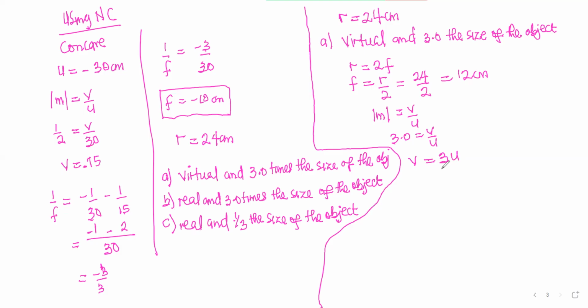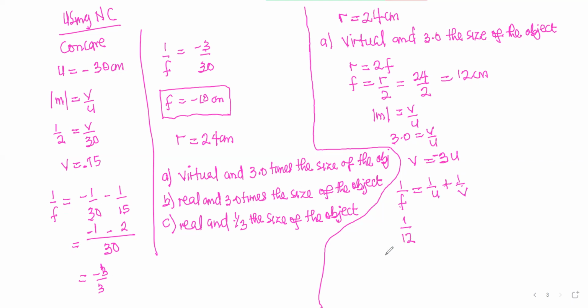But the image is virtual. So using our mirror formula, 1 over U plus 1 over V, because the image is virtual, V will be minus 3U. So we have 1 over 12. And we're told emphatically that this is a concave mirror.